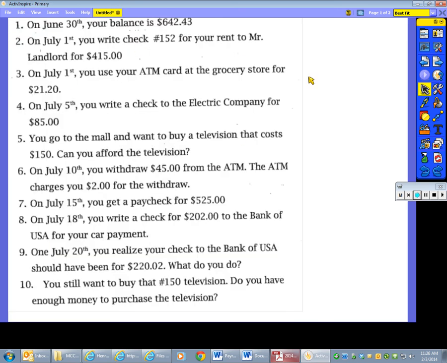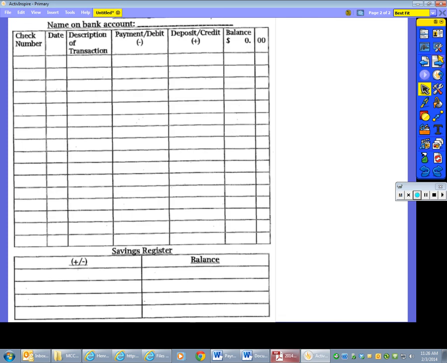So the very first thing is on June 30th, your balance is $642.43. So what you can do is on here, I'm going to use black.